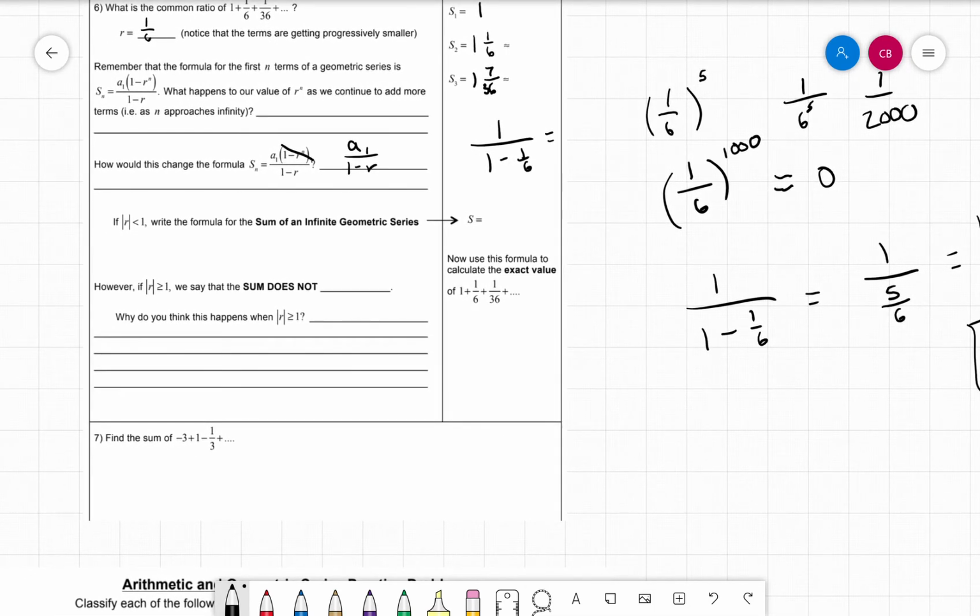Now, if the absolute value of r is less than 1, then that's the formula. It has to be a fraction or decimal for this to work that way. However, if the absolute value of r is greater than 1, we say it does not converge. It means it does not go to a specific number, because each time it gets bigger and bigger, making the sum larger and larger.